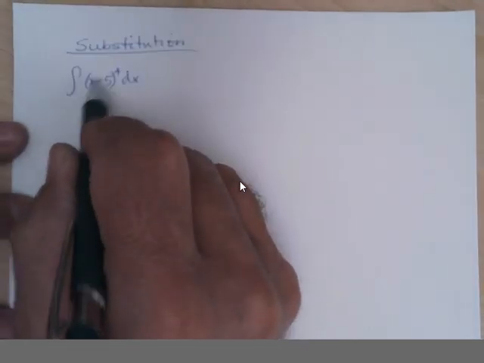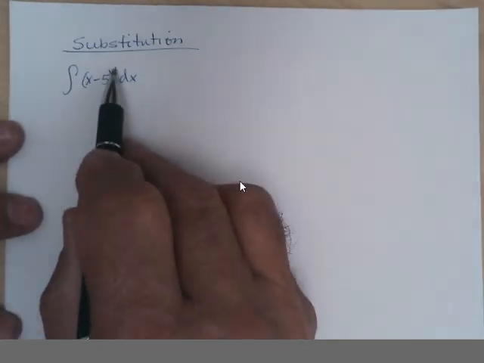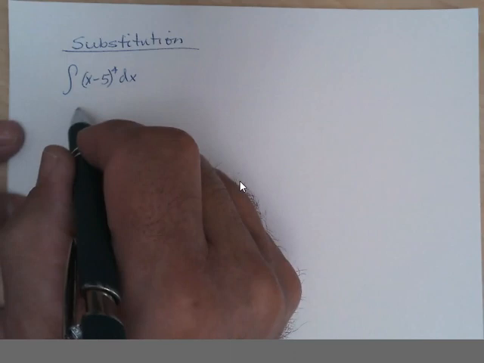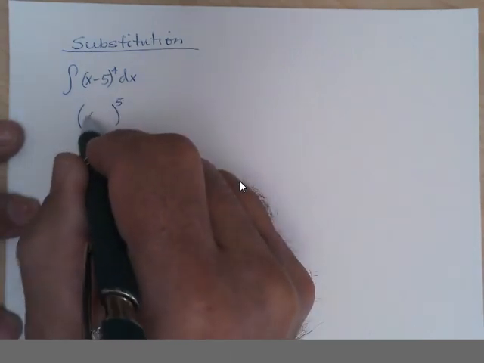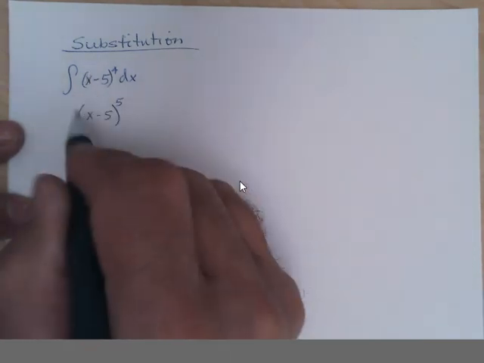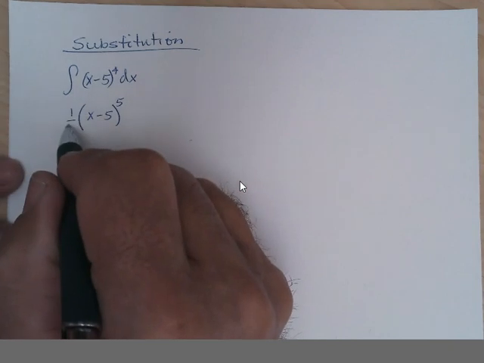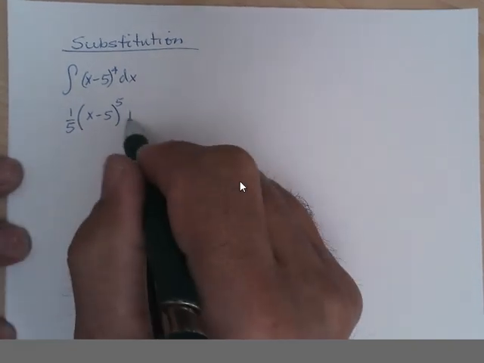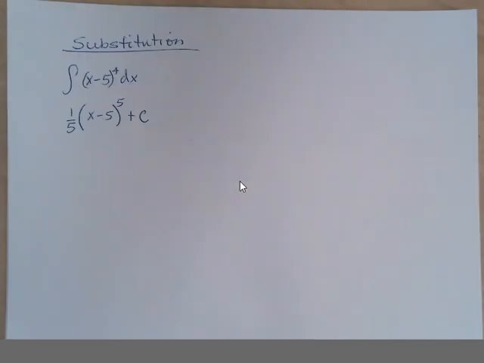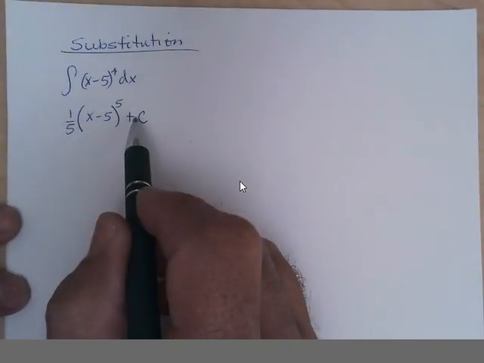So, if I've got something to the fourth, probably the antiderivative is going to be that something to the fifth, and divide by 5, plus c.